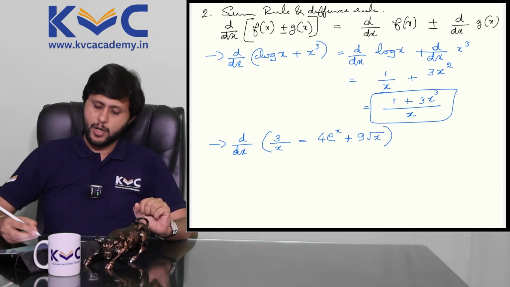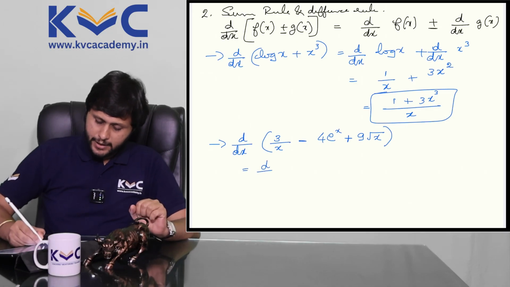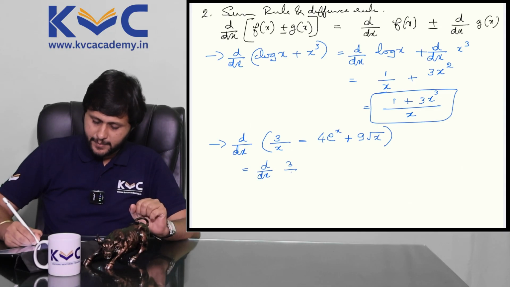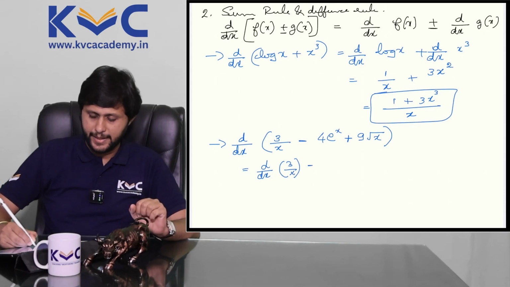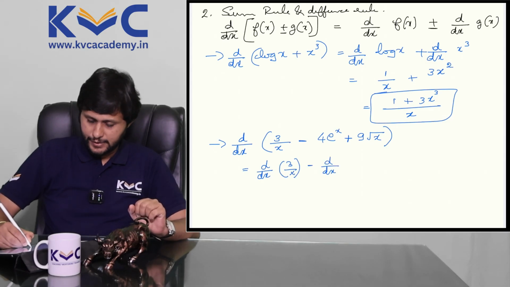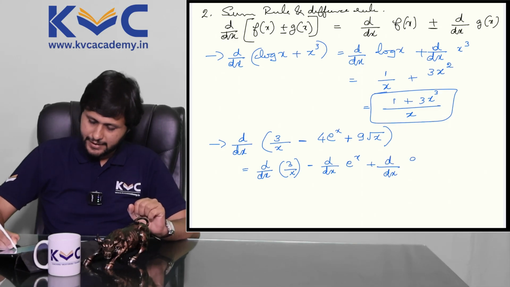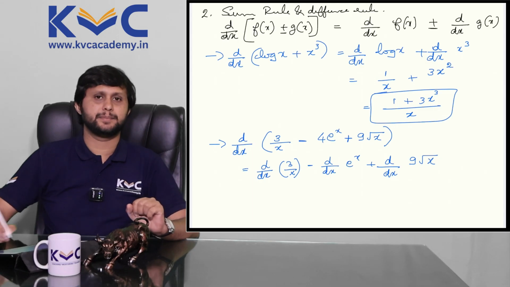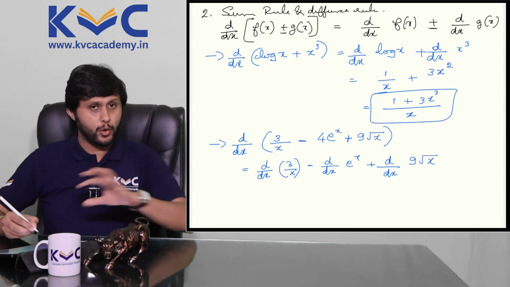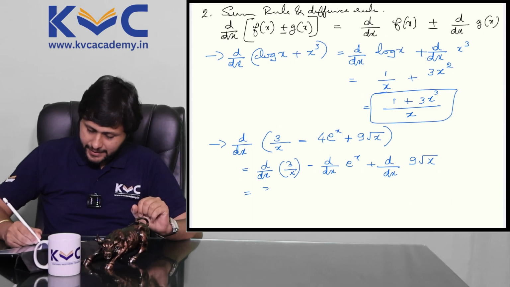So differentiation of this, what do you do? First step is we need to individually write differentiation of 3 by x minus differentiation of 4e to the power x plus differentiation of 9 root x. Clear? Now constant rule is there, so we'll take 3 outside.